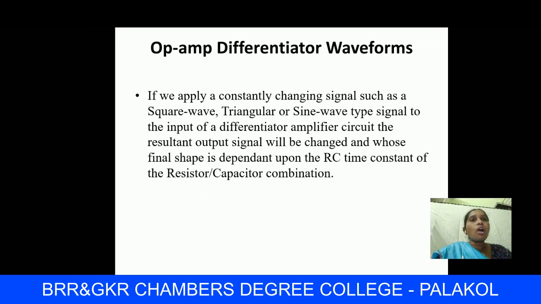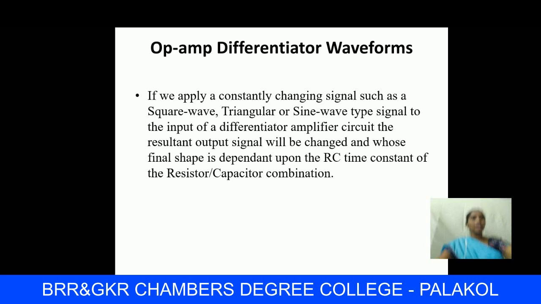So these are the op amp differentiator waveforms. Here the input signals are square wave, triangular wave or sine wave type of signals applied to the differentiating circuit. And the final shape depends on the RC time constant, the resistance and capacitor combination. That means the final output depends upon what RC time constants are used.